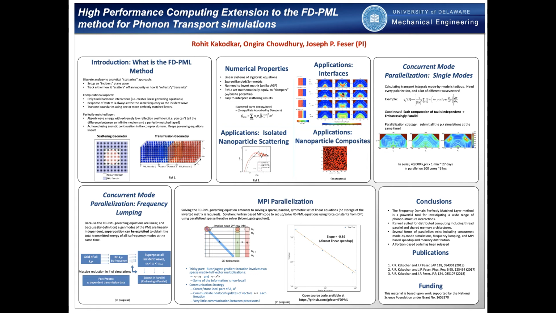So what we've done is we've implemented a Fortran-based MPI code based on the biconjugate gradient method that sets up and solves the frequency domain perfectly matched layer equations, taking force constants from density functional theory, and basically does that whole thing. Maybe I'll skip over the details a little bit, but basically it just separates the atoms into chunks of domains and only stores a finite number of rows of the characteristic matrix on a given processor.